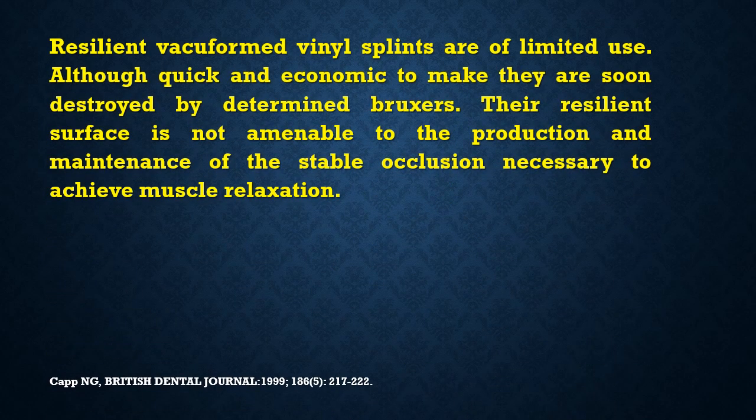Those who believe in resilient devices, actually it is of limited use. Although it is quick and economic to make, it will soon be destroyed by the bruxers, and its resilient surface is not amenable to the production and maintenance of the stable occlusion necessary to achieve muscle relaxation.